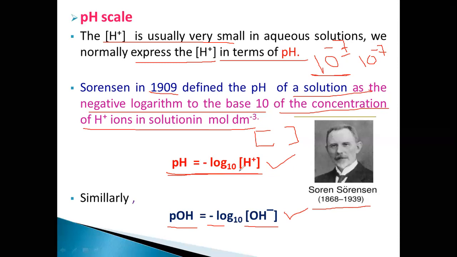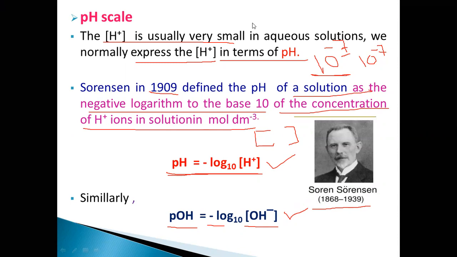pH is equal to minus log to the base 10 H plus ion concentration, and pOH is equal to minus log to the base 10 concentration of OH minus ion. So how to define the pH? pH को define करने के लिए कैसे करोगे? So pH of solution is defined as the negative logarithm to the base 10 of concentration of H plus ion in solution, and pOH is defined as the negative logarithm to the base 10 of the concentration of OH minus ion in solution.